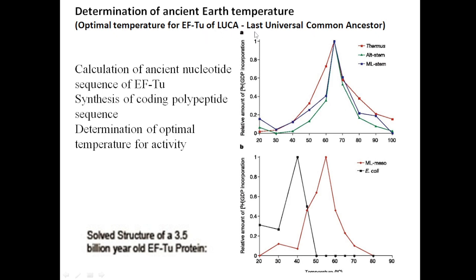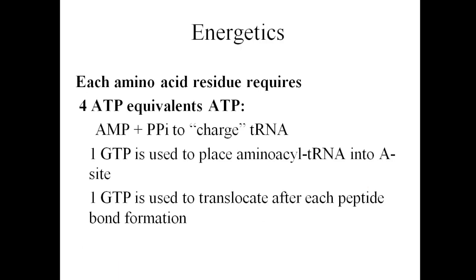Now look at the last universal common ancestor. It is proposed as the total precursor for all living organisms on our planet. And you see the minimum of ATP necessary for association of each amino acid.